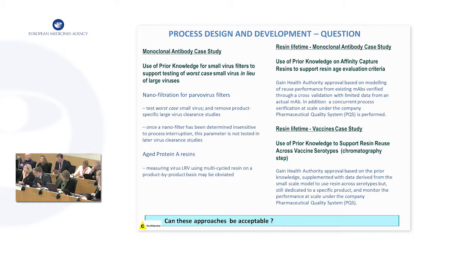Of course, this effect might differ depending on the filter manufacturers. However, I have to say I'm not yet convinced by the data in the publication that you presented. It was from 1 manufacturer. It was not using the parvovirus, a slightly larger virus, and I'm not sure whether these effects are seen in the same way under each specific manufacturing condition.